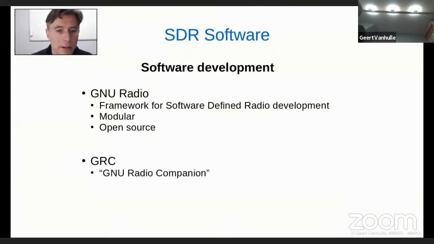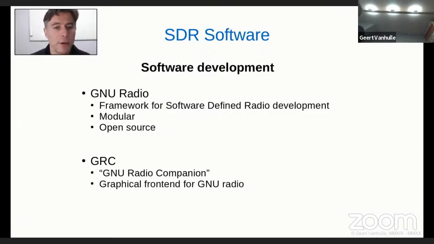On top of GNU Radio, we have something called GRC, which is short for GNU Radio Companion, which is actually a graphical interface. It's a front end for GNU Radio that allows us to design in a graphical way the software code that lies underneath the processing of the samples.